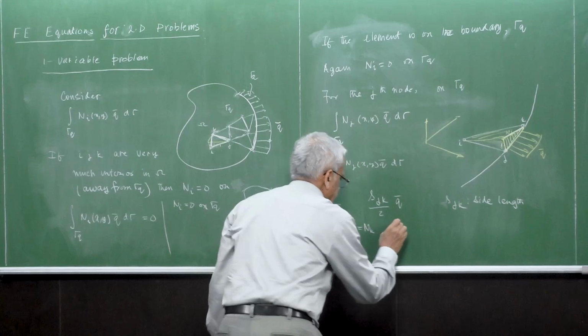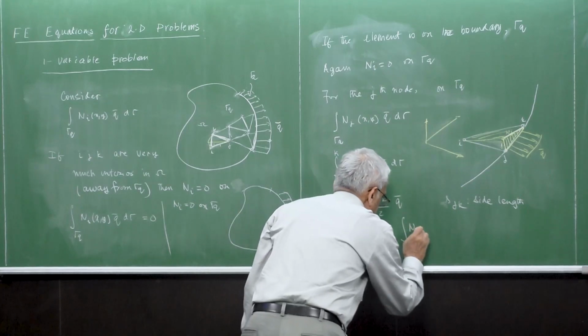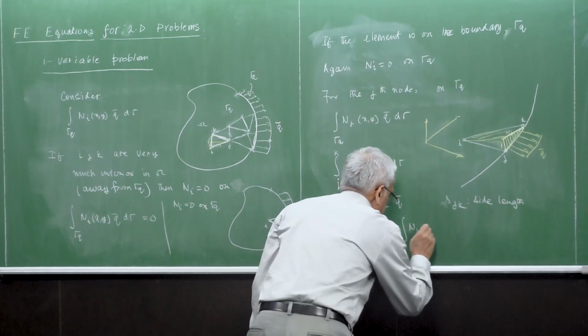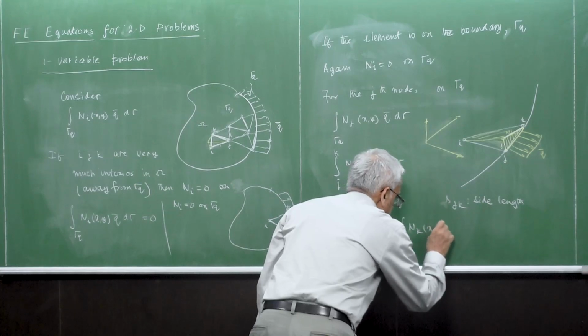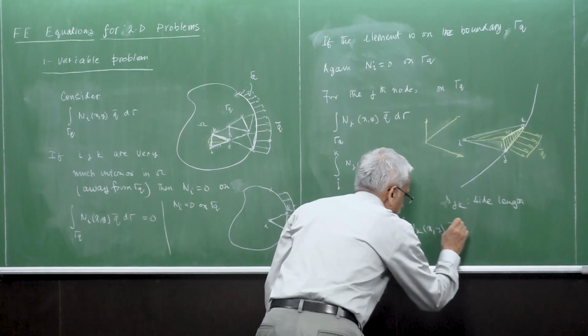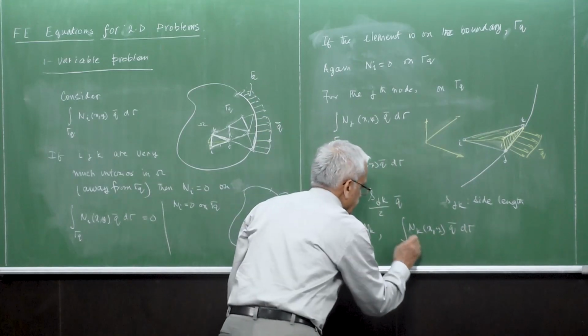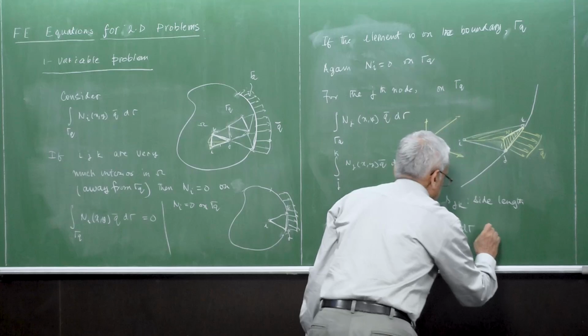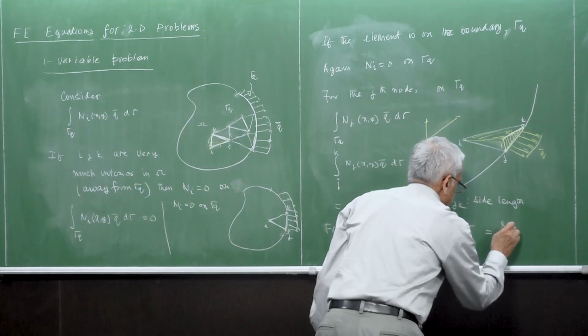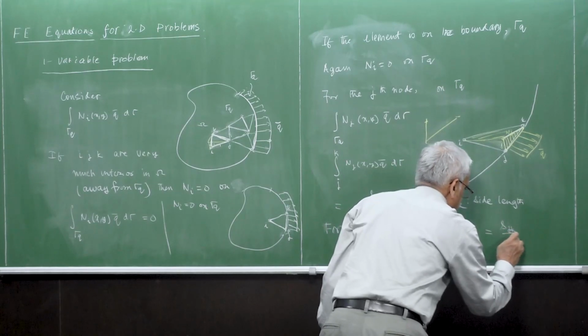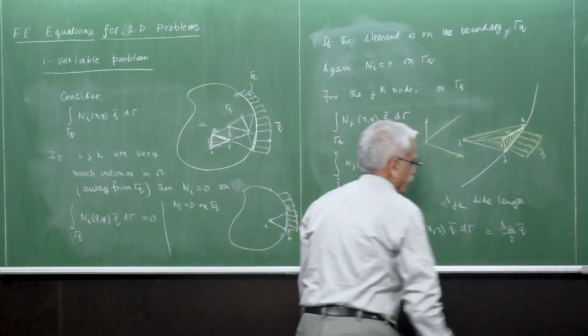Then Nk times q bar also has to be integrated between J to K, and this also gives Sjk by 2 times q bar.